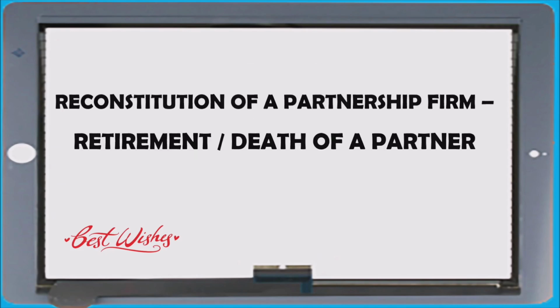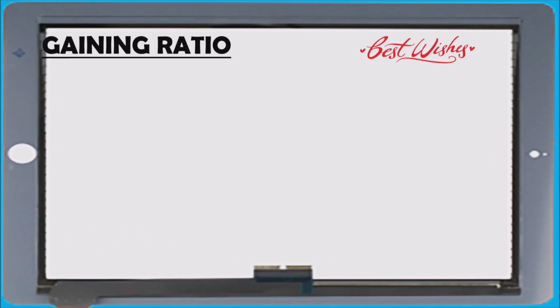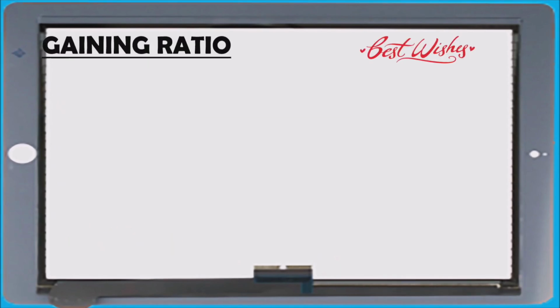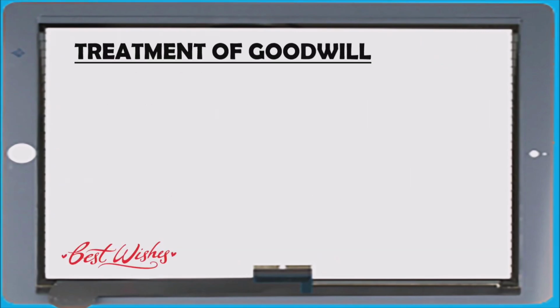Please remember that. And in the retirement and death chapter also, prepare areas like calculation of new profit sharing ratio: old share plus acquired share of the partner, and the outgoing partner's share will be given differently. That gain will be calculated using new ratio minus old ratio. Treatment of goodwill, only 2 cases you have to remember.